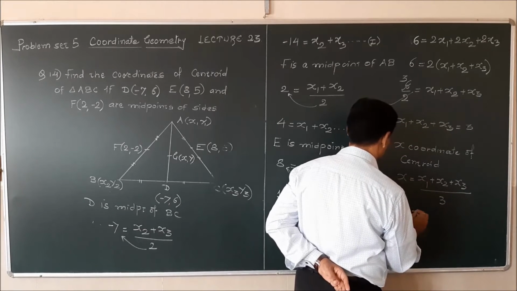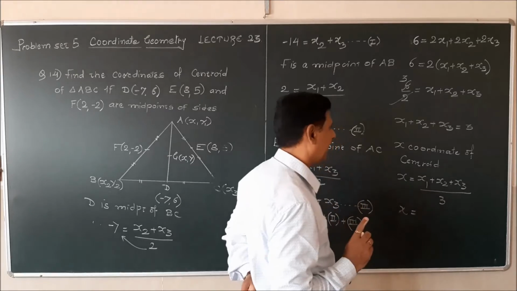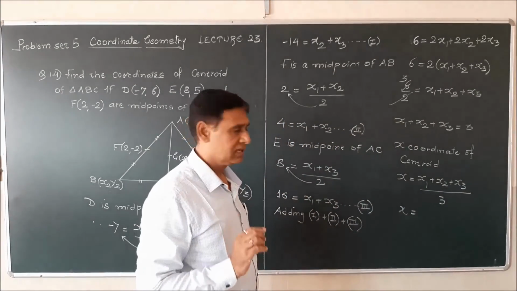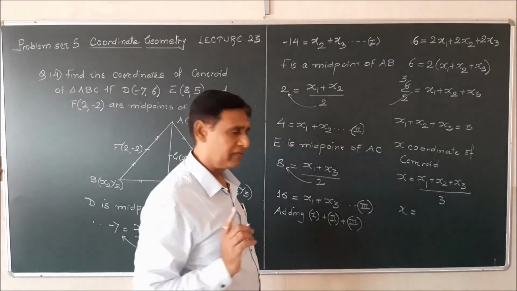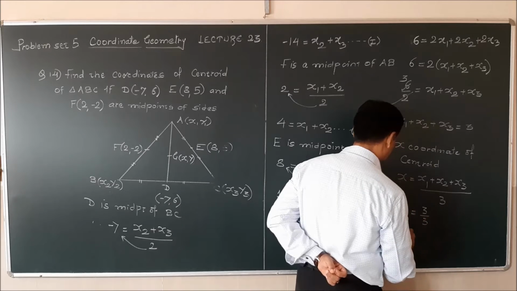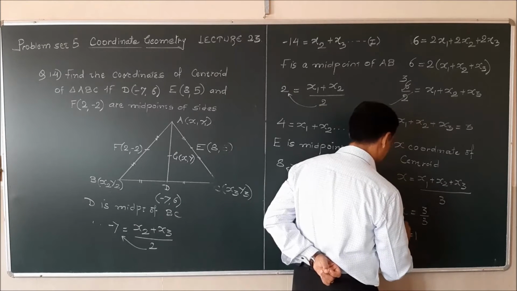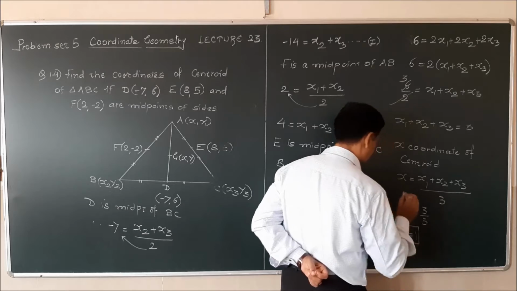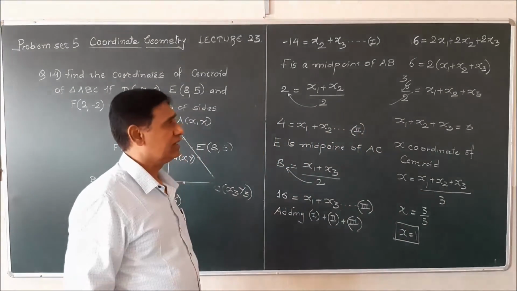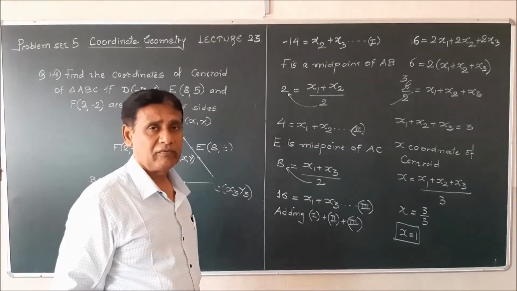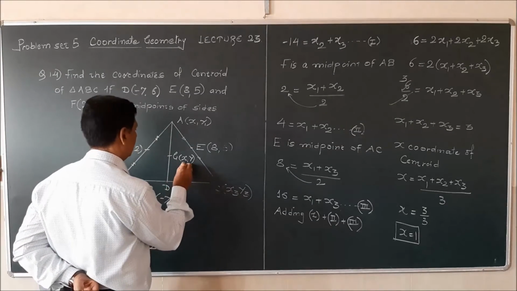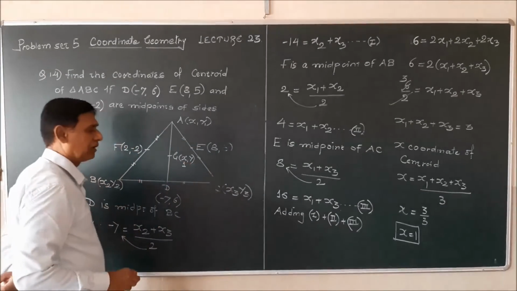What is the value of x1 plus x2 plus x3? We obtained it as 3. So 3 upon 3, and we get the value of x as 1. Is that clear? So this is how we obtain the x coordinate of the centroid, which is 1.